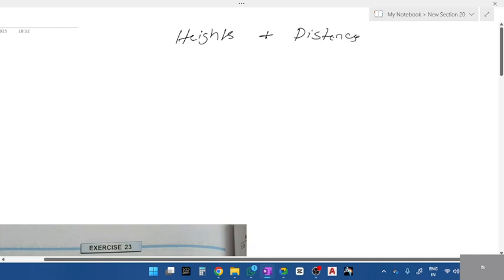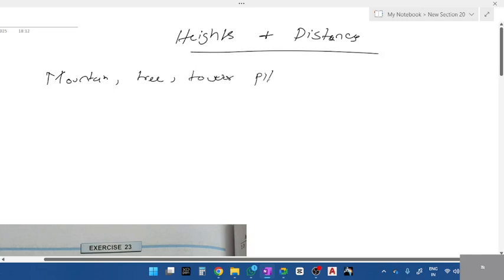Fine. We use trigonometry concepts to find heights and distance. Basically, heights and distance for height of mountains, trees, towers, or pillars given in the textbook.